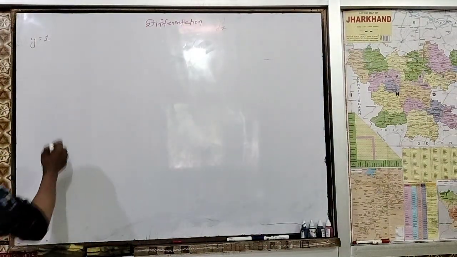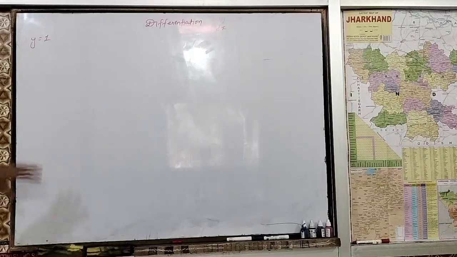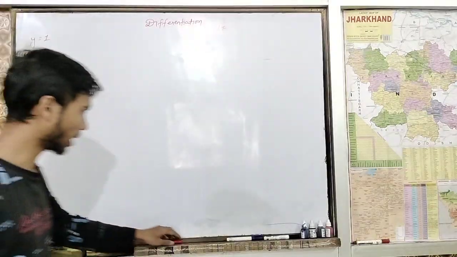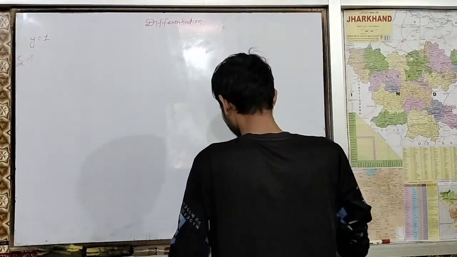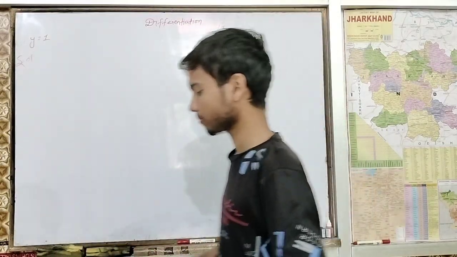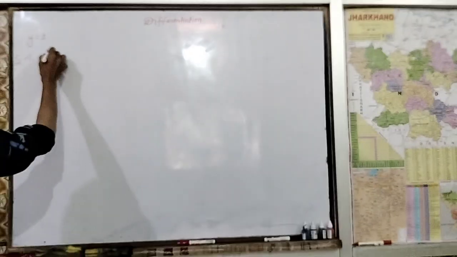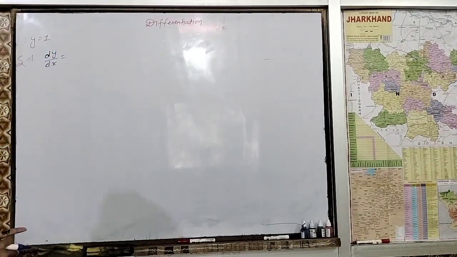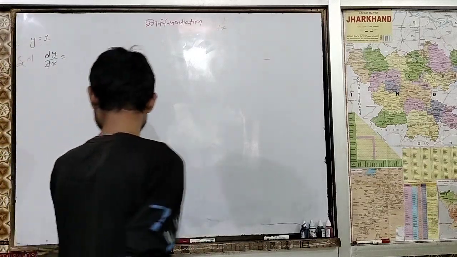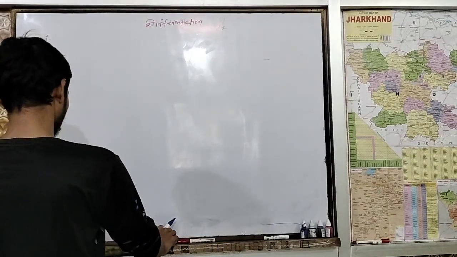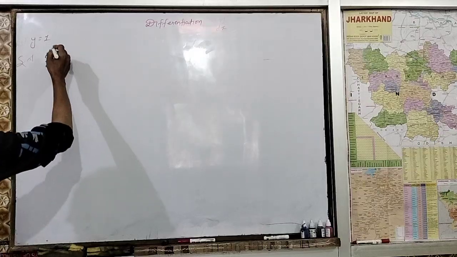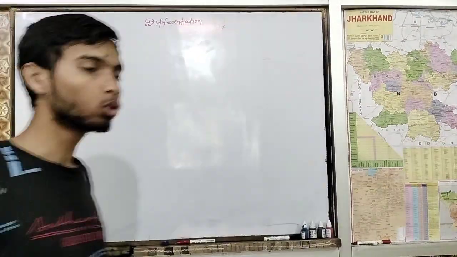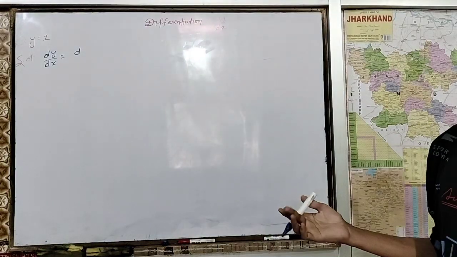So any number which is alone without any variable will be 0 at the end after differentiating. So here we will solve. dy upon dx. So we are going to do differentiation of y.